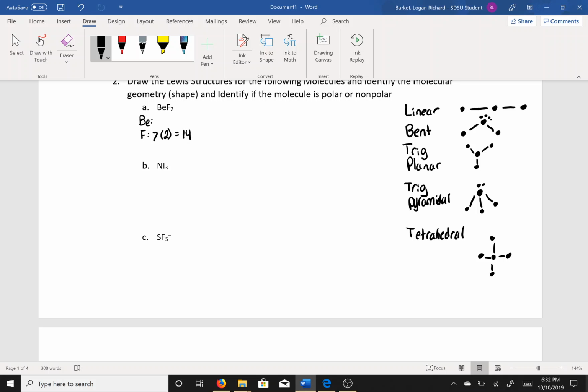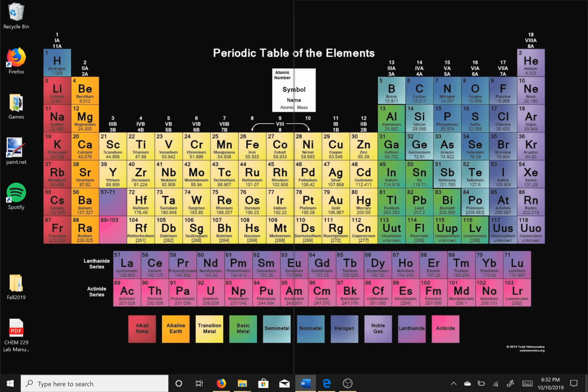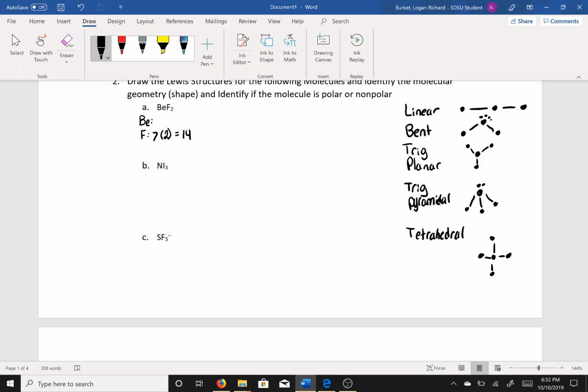Now let's look at Be. If we can find it on the periodic table, it's all the way over on the left. It's number 4, and it has 2 valence electrons. So if we come back, Be has 2 valence electrons, and there's only one atom of it. It's a total of 2 electrons. So when you sum it up, you get a total of 16.